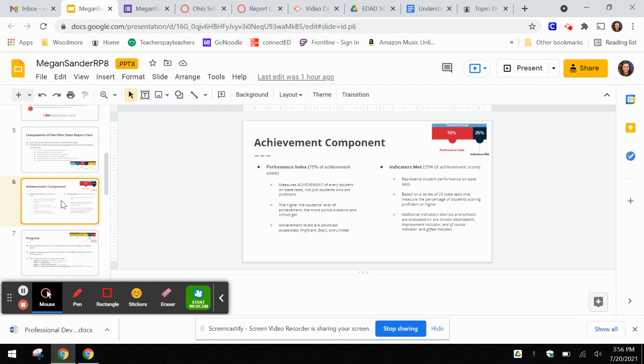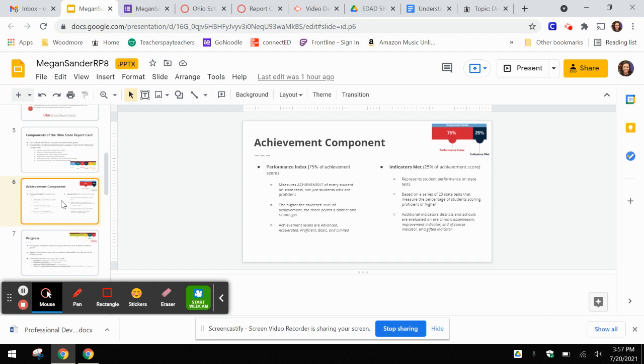The next measure that plays into the achievement score is the indicators met. And again, that's only worth 25% of the achievement component score. This represents student performance on state tests. There are 23 state test indicators, and they measure the percentage of students scoring proficient or higher.